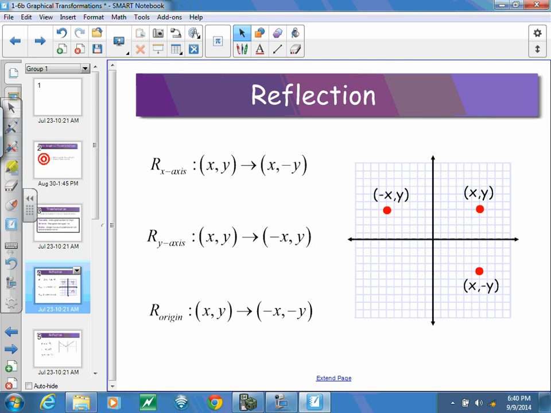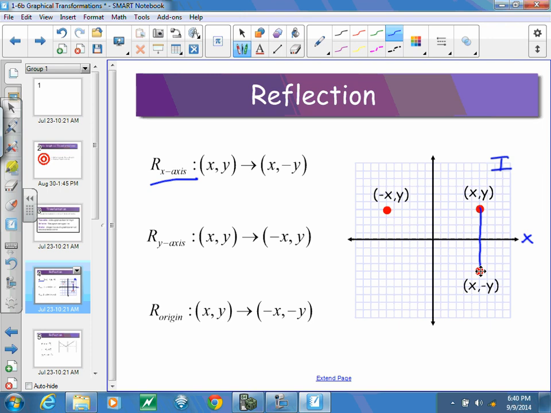If we are to start with a coordinate over here in the first quadrant, so I have the coordinate of xy. If we wanted to reflect that coordinate over the x-axis, what's going to happen here is it is the same perpendicular distance over that x-axis. So right here, the fact that I'm 4 units above the x-axis, I'm going to reflect it 4 units below the x-axis.